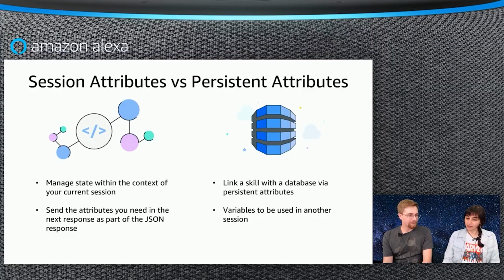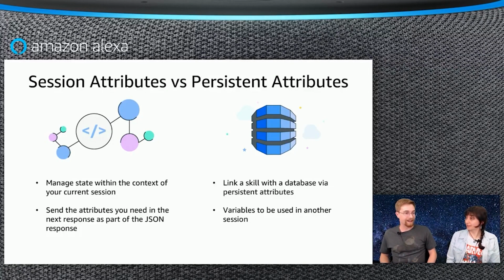Like we were talking about, long-term versus short-term. There are two ways to remember things in your Alexa skill. Session attributes are just within the current session. When someone says, open my skill, you get to store this along the wire between you and the Alexa voice service.